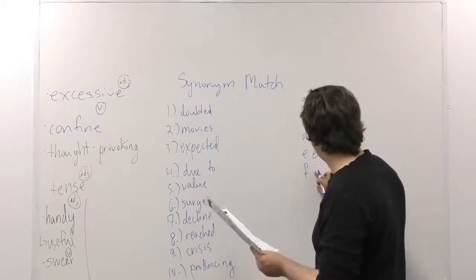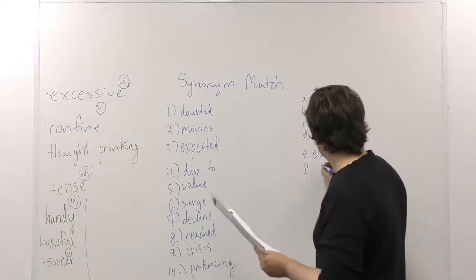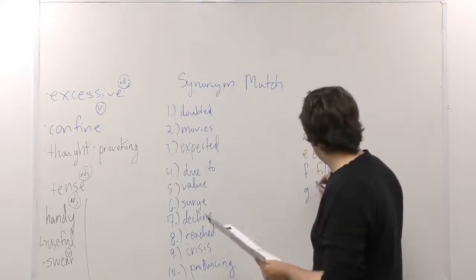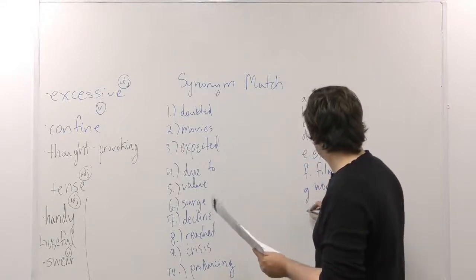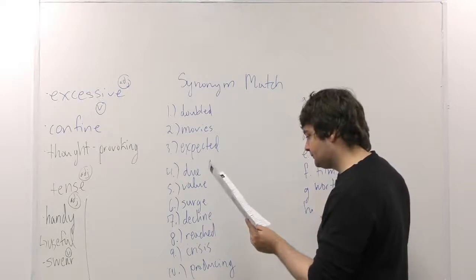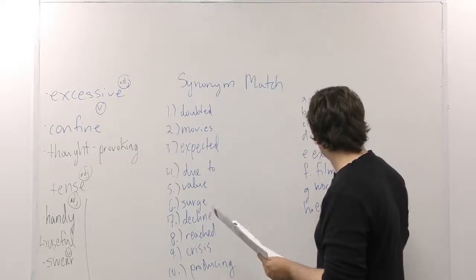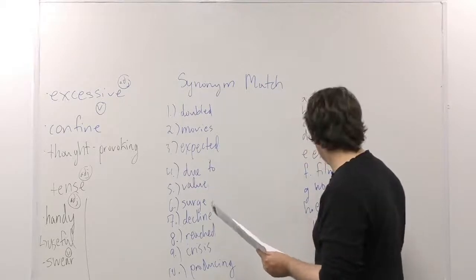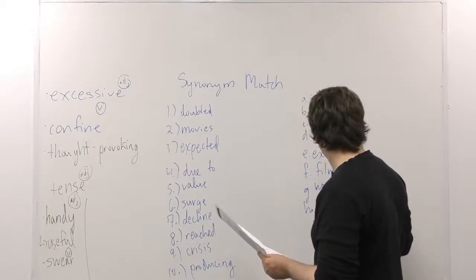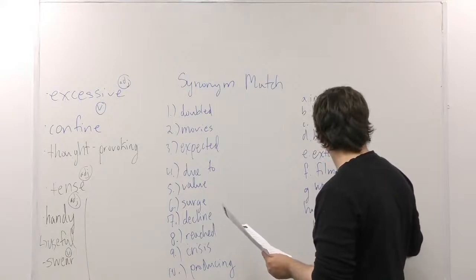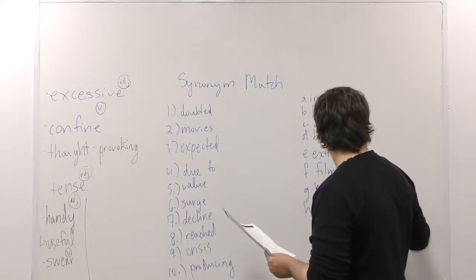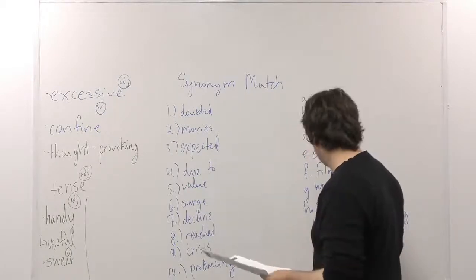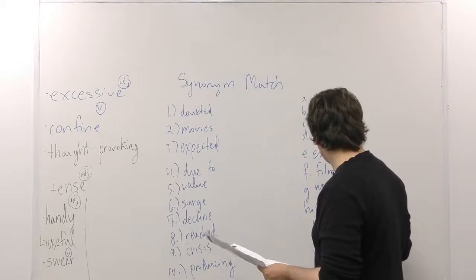F, we've got films. G, worth. H, emergency. And then I, increased twofold. And lastly, J is go down.